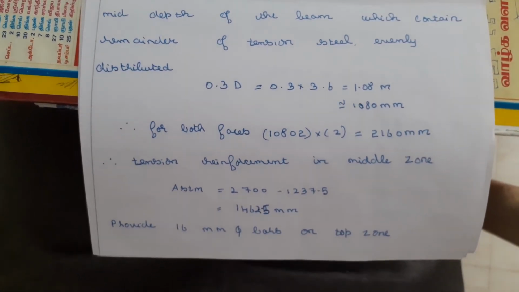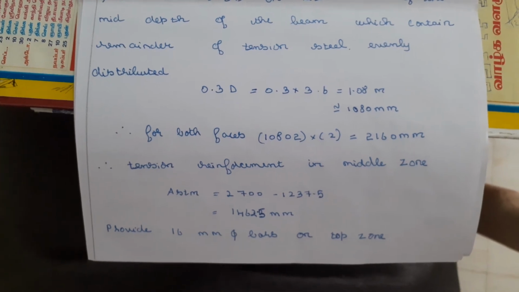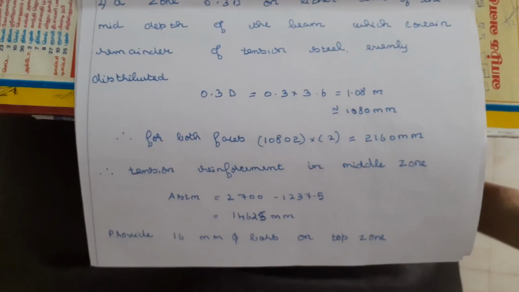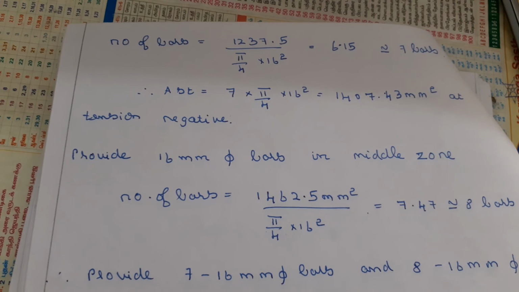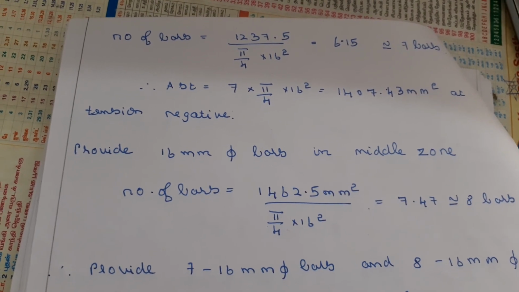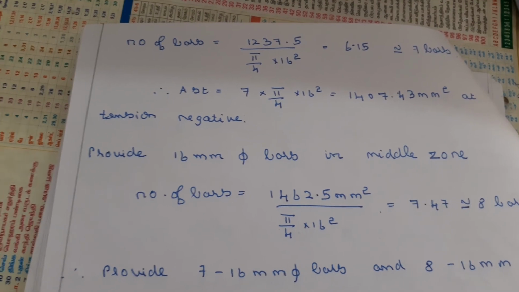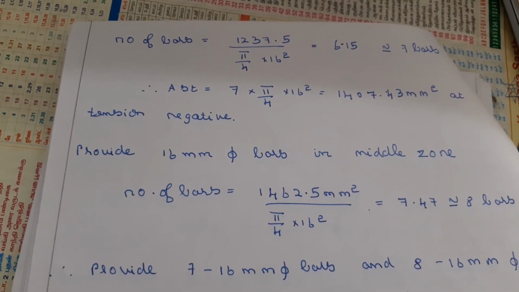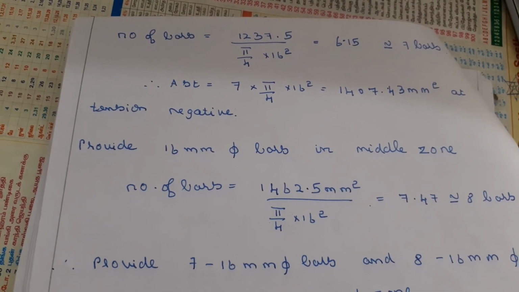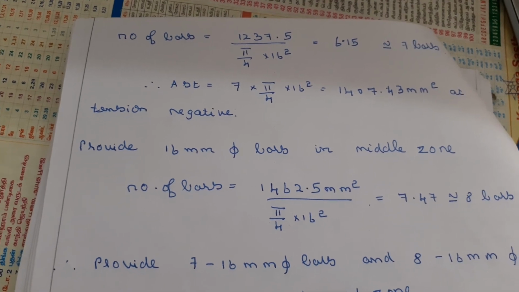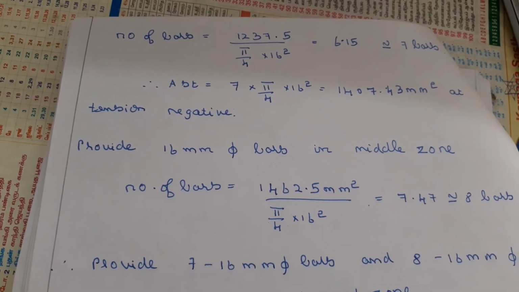Okay, provide 16 mm dia bars on the top zone. Now to calculate the number of bars, we use this formula: 1237.5 divided by pi by 4 into 16 squared, which gives 6.15, so the total is 7 bars.